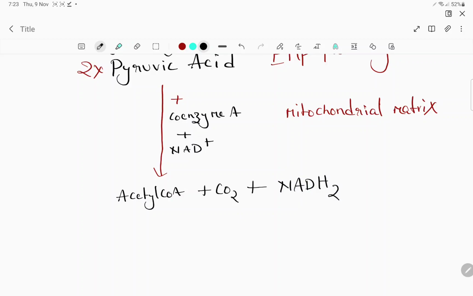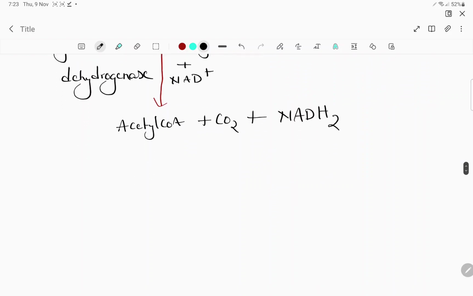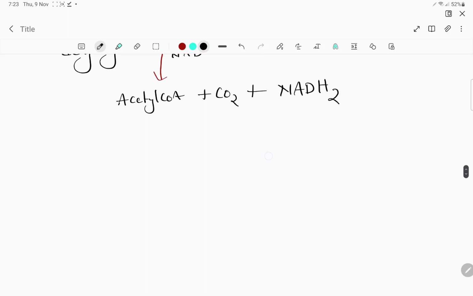Here the enzyme is pyruvate dehydrogenase, and now we are entering into the Krebs cycle.